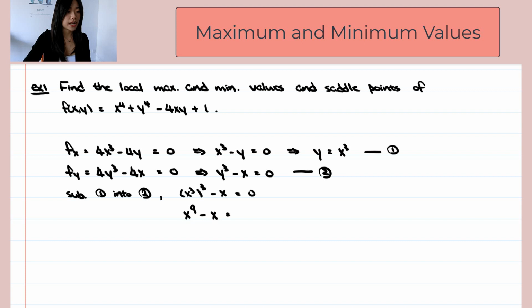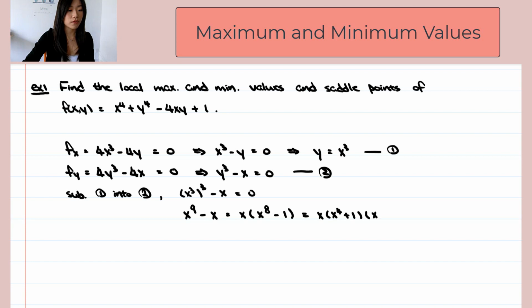I can isolate for the x, so x times x to the power of 8 minus 1. Here I have a difference of squares, so I can rewrite that as x to the power of 4 plus 1 times x to the power of 4 minus 1. The x to the power of 4 minus 1 is again a difference of squares.